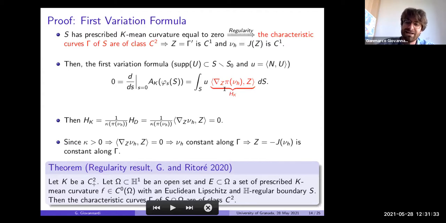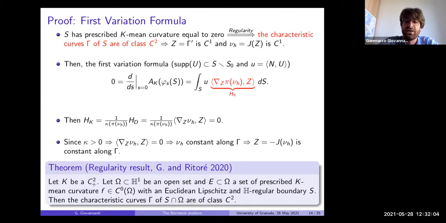It is the scalar product between the covariant derivative nabla Z of the map PK applied to the vector field mu H, against the vector field Z. So it is an ODE along the characteristic curve, the horizontal curves that foliate our surface. Here U is the normal component of the variation vector field.